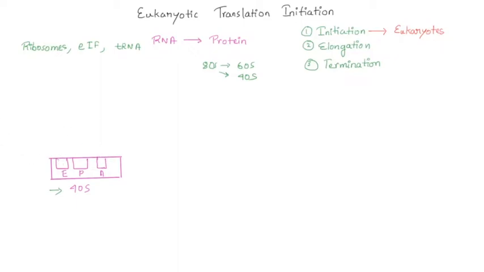What happens is that there are 4 different initiation factors. The first factor is EIF1. The second initiation factor is EIF5.